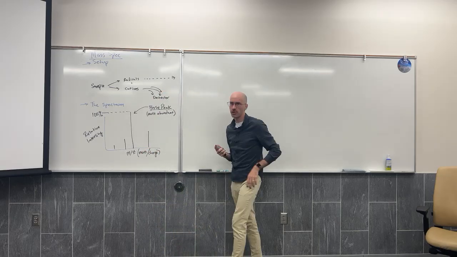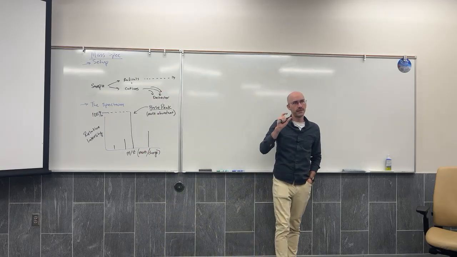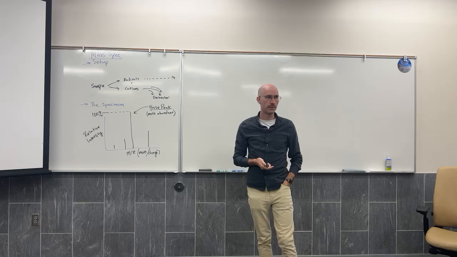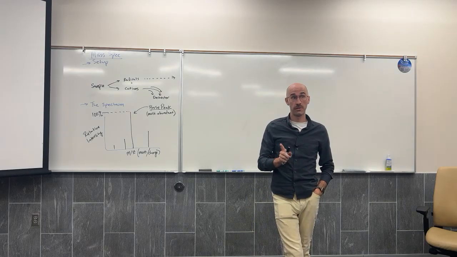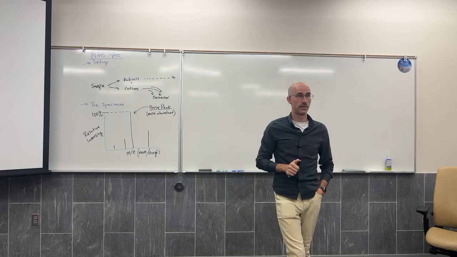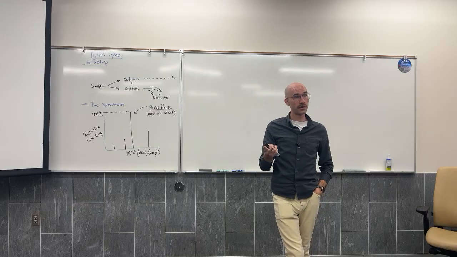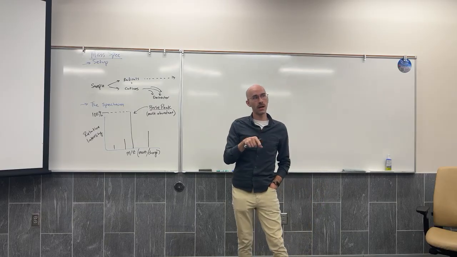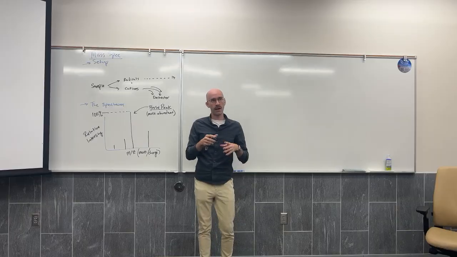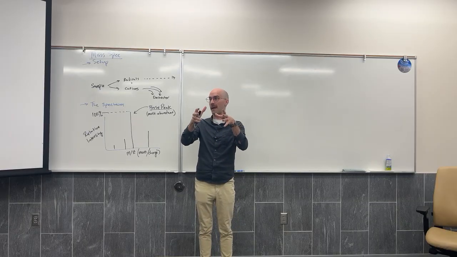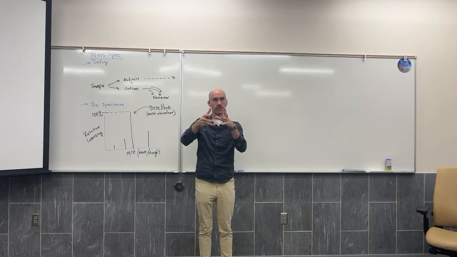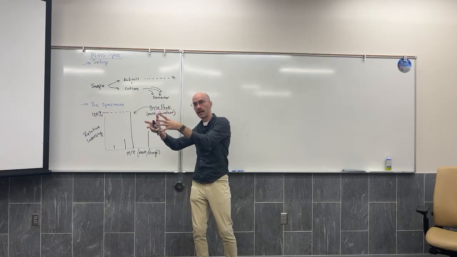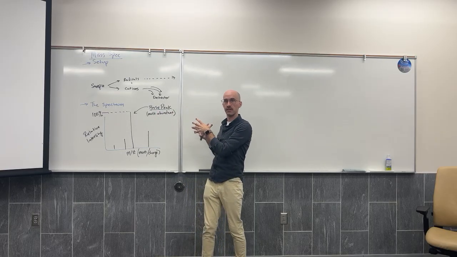What is the charge that something hitting the detector typically has? Positive 1. As opposed to positive 2 or positive 3, because if I have a fragment of a certain mass and it collectively has a +1 charge, my magnetic field has some force on it.